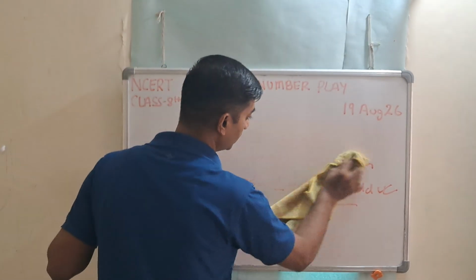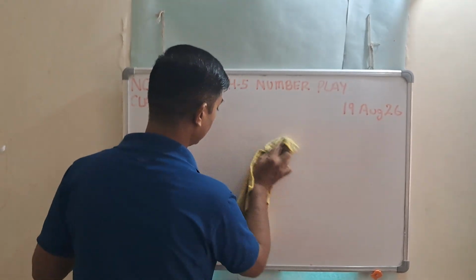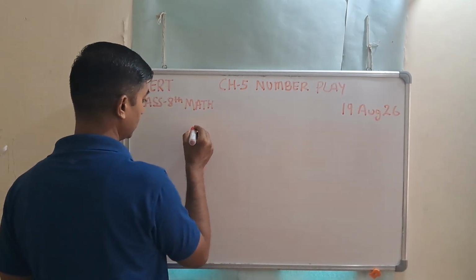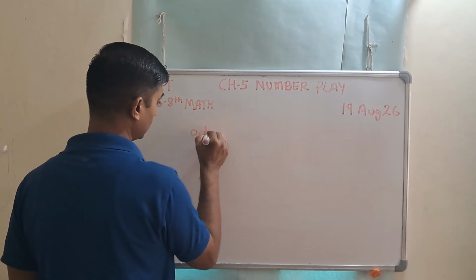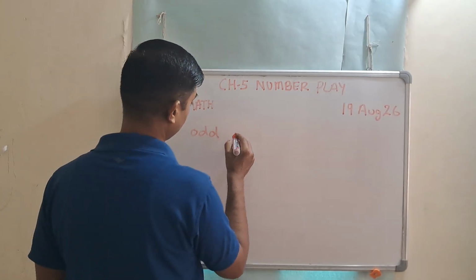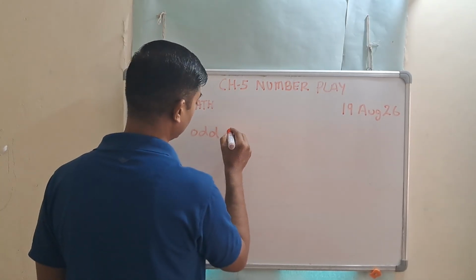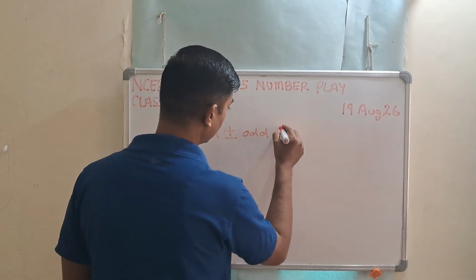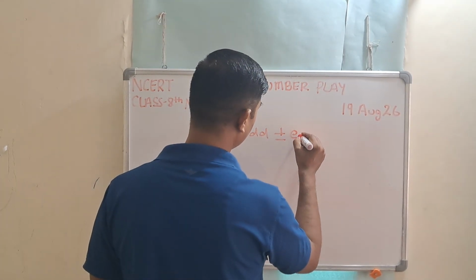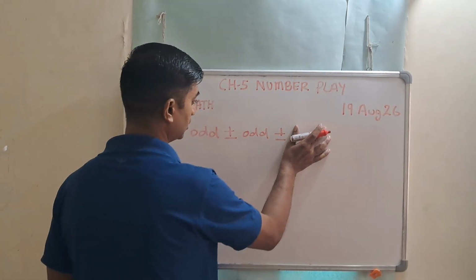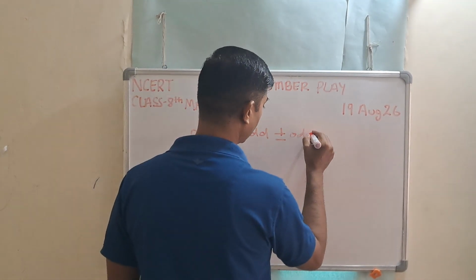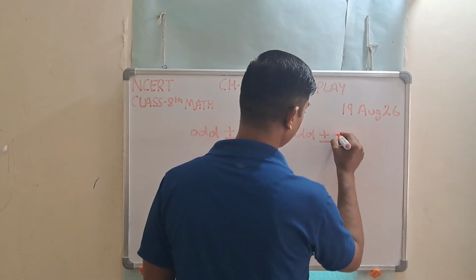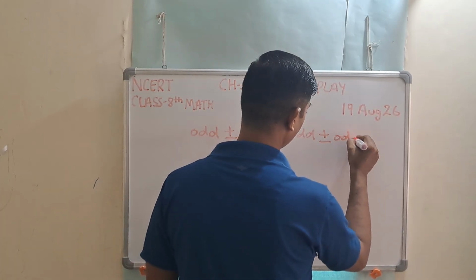What is the result of four numbers? That is, odd plus minus odd plus minus odd plus minus odd.